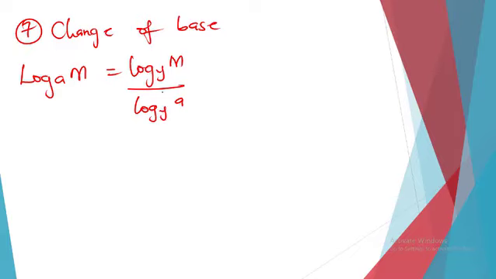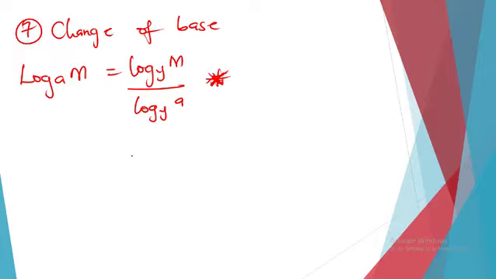So just bear this in mind. When the base of a logarithm is changed, the initial base is used as a separate logarithm to divide the initial logarithm, or to the new base. Okay, so just bear this in mind.